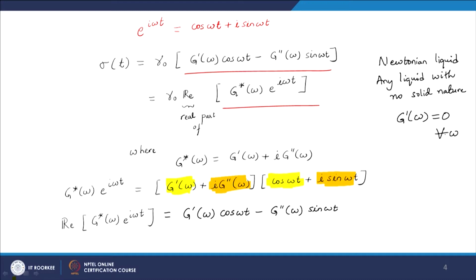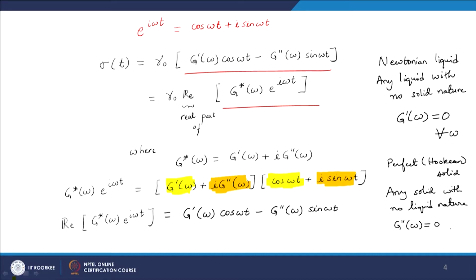Similarly, if I have a perfect or Hookean solid, and in fact any solid with no liquid nature, what I will get is G double prime omega is equal to 0 for all omega. Both of them are indeed the extremes.